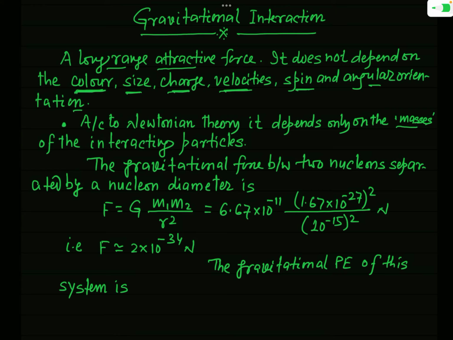You have definitely studied that if two point masses m1 and m2 are at a separation of r, then the magnitude of the gravitational force acting between them is simply given by F equal to G m1 m2 over r square.